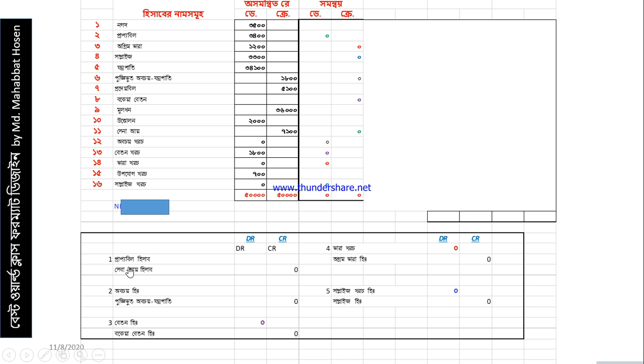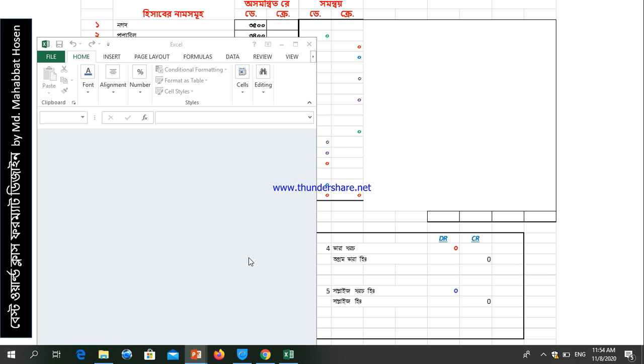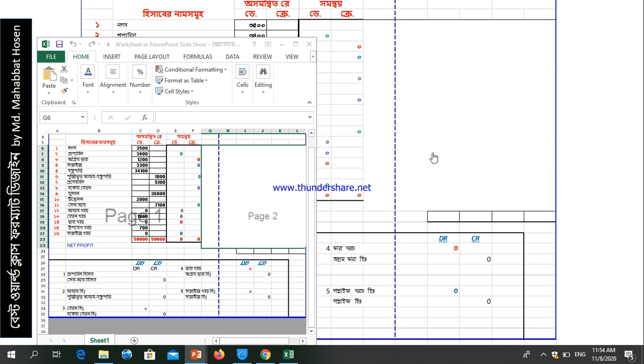Accounts receivable debit, service revenue credit, depreciation debit, accumulated depreciation credit, salaries debit, salaries payable credit, rent expenses debit, advance rent credit, supplies expenses debit, supplies credit. We will put the amounts here and the respective amounts will be changed. Okay, so let's go to the Excel sheet.